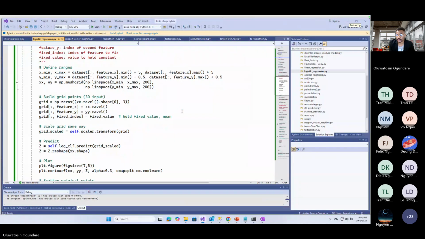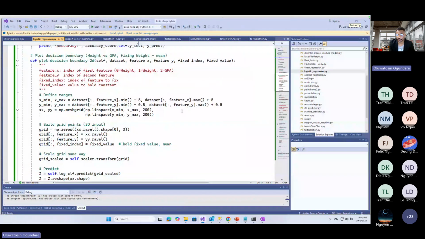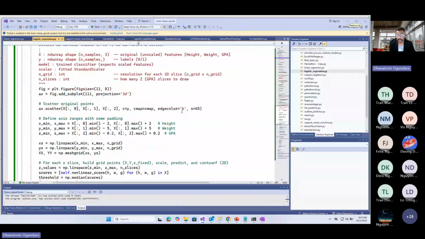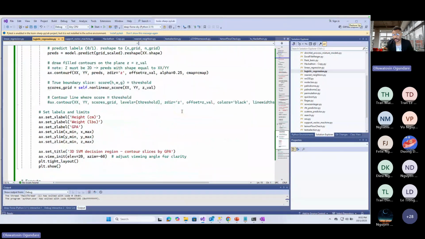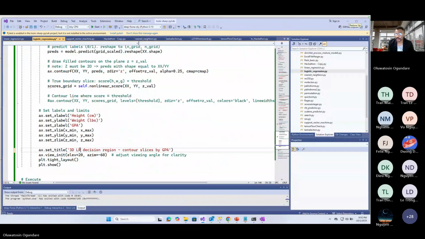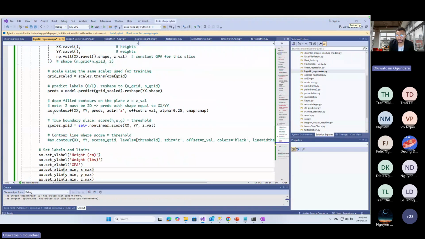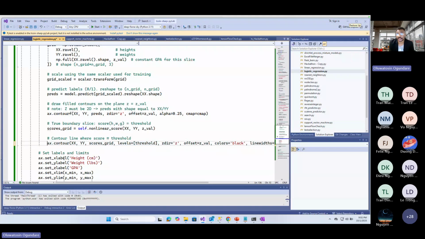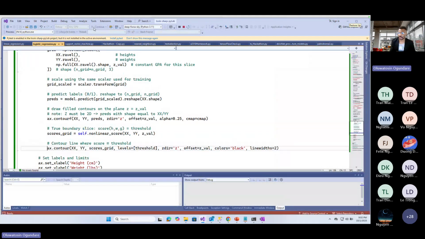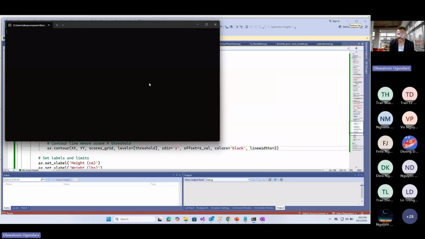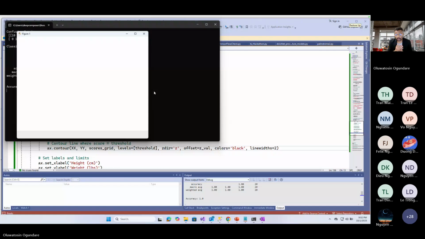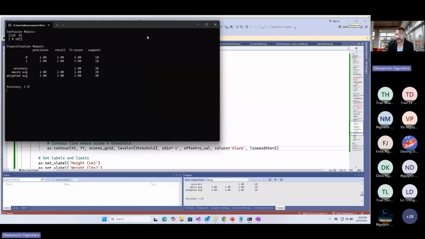So the logistic regression definitely works well. In fact, I want to show the actual decision boundaries, but it's going to be tough to see in 3D, so I will give you a hint of where it is. Okay, so these are 2D slices.